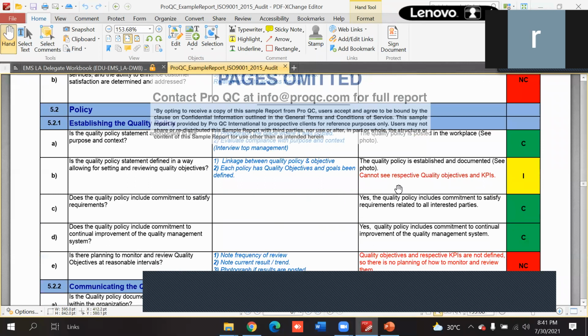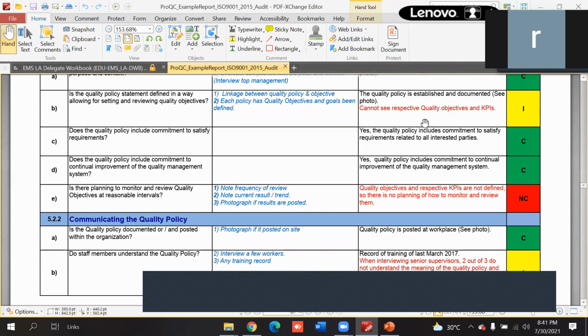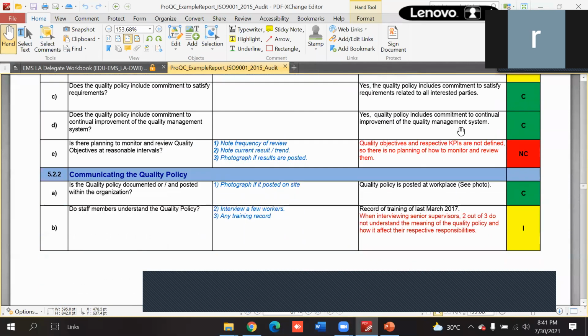Management, let's say policy, also needs to respect objectives. Let's say communicating: when reviewing the training records, 2 out of 3 senior supervisors do not understand the meaning of the quality policy and how it affects their respective responsibilities. So this one is for improvement.